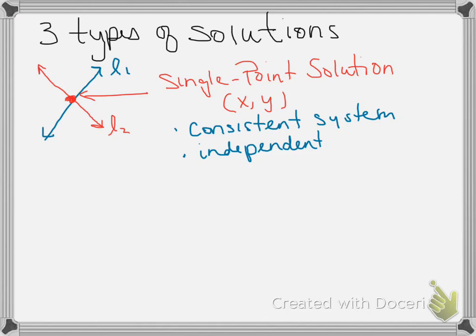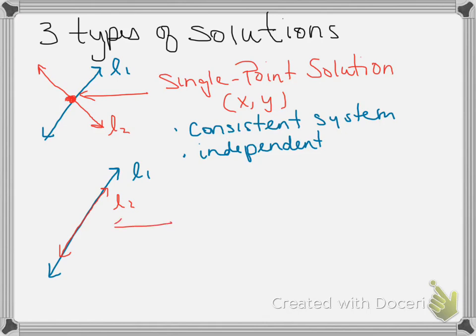Our next solution, I'm going to try to draw it here for you. There's our line 1, and our line 2 is right on top of it. These two lines are touching, and they go on forever. You've got to kind of think of that.